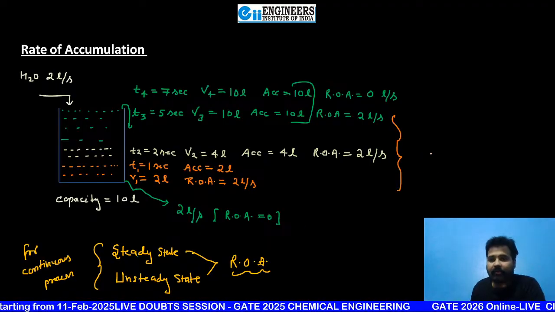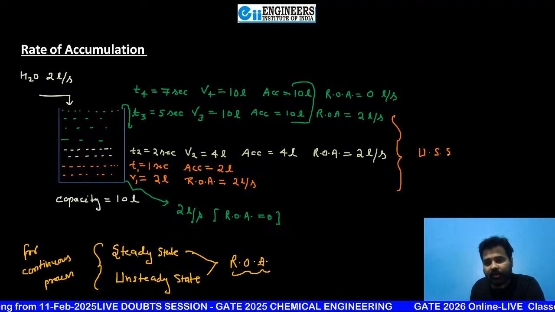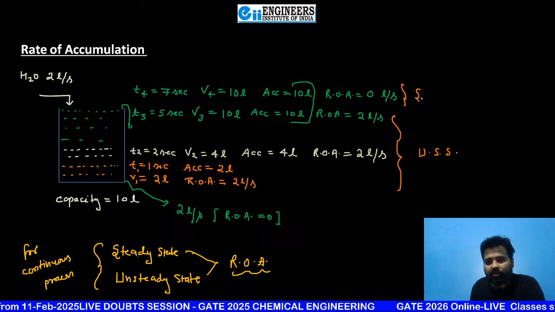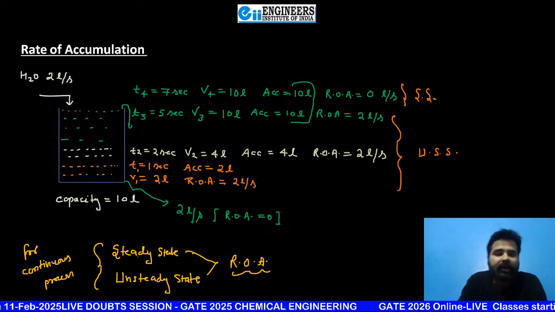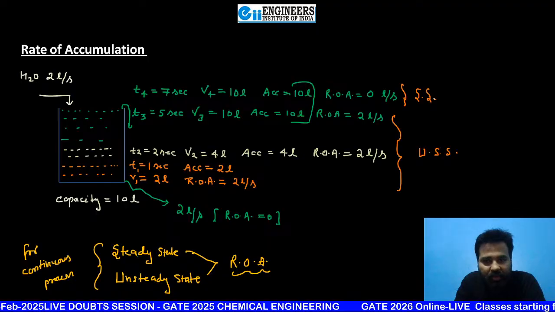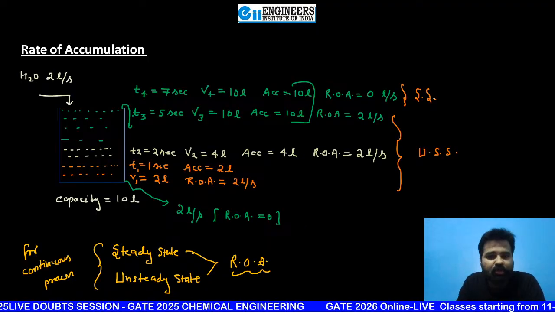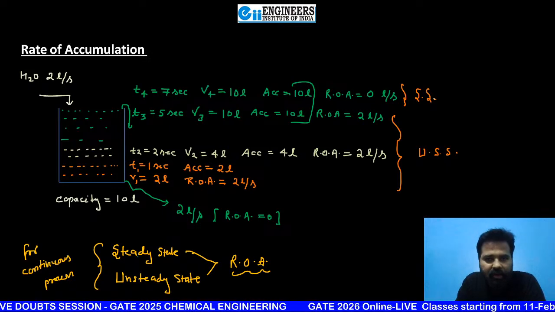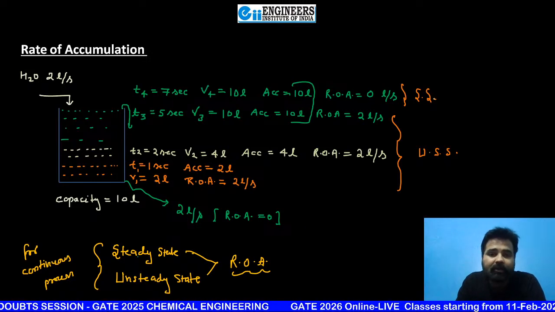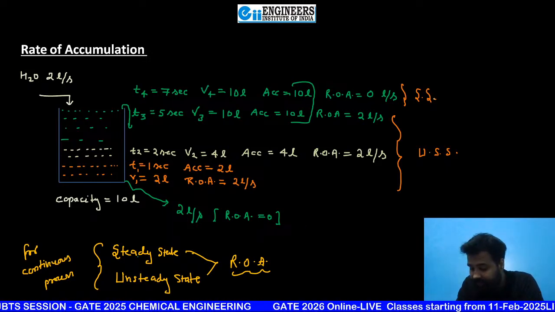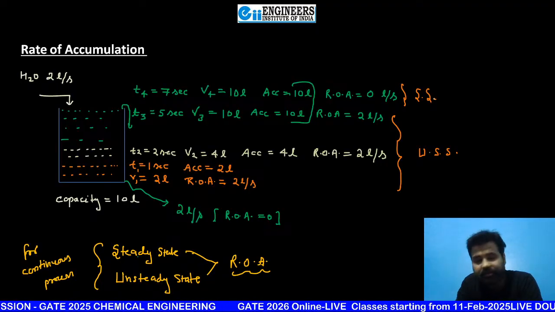Till this point it is in unsteady state, but after this point your system has obtained its steady state. Clear? Yes, after reaching full capacity it is a steady state now. Before reaching full capacity it was unsteady state. Crystal clear, my dear students?